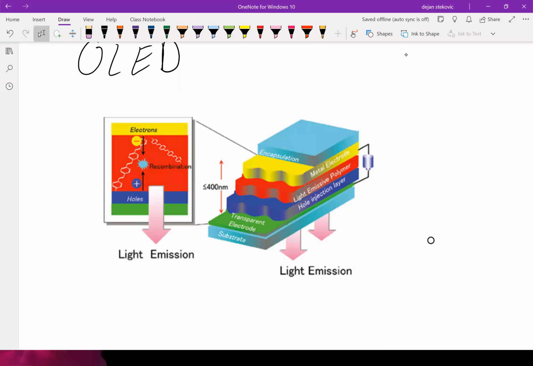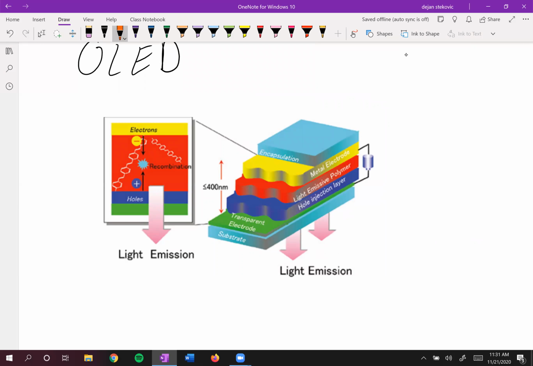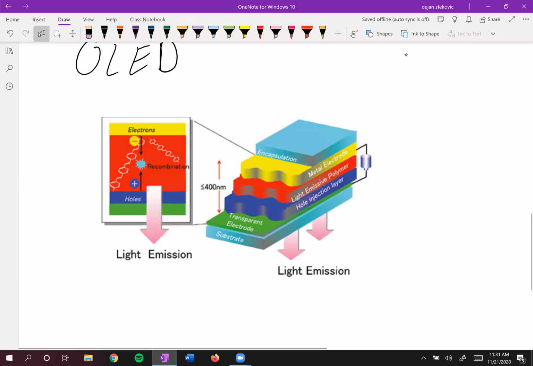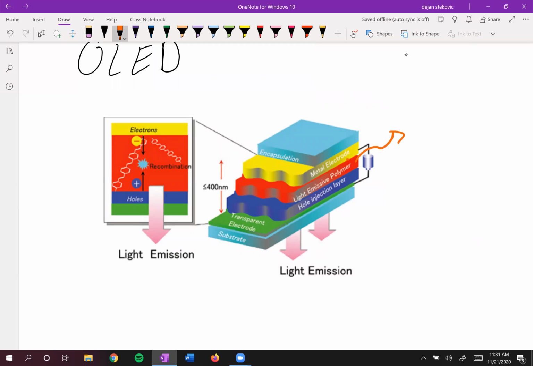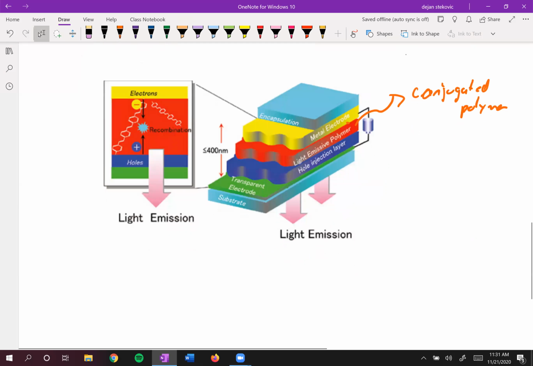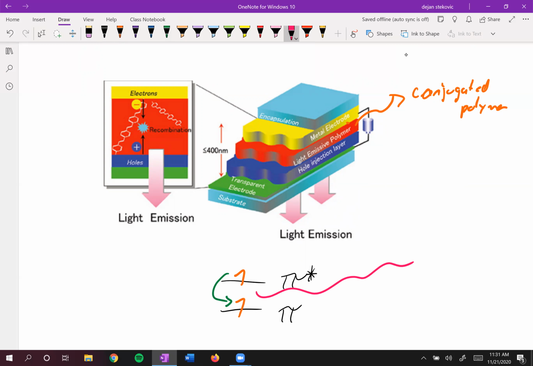If you take a look at this little diagram, what you have here is this light emissive polymer, right? That's going to be your conjugated polymer. It's going to have this pi to pi star gap in it, except in OLEDs, instead of it absorbing light, we inject an electron into this higher energy state, let it relax down, and when it does so, it emits light.